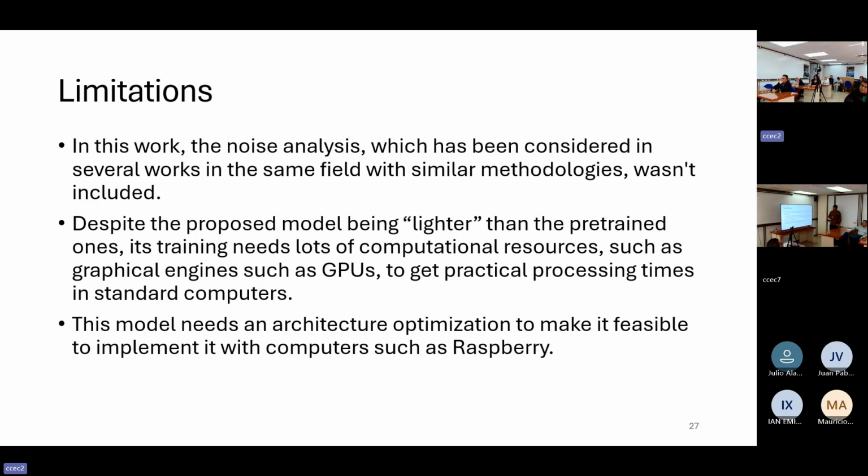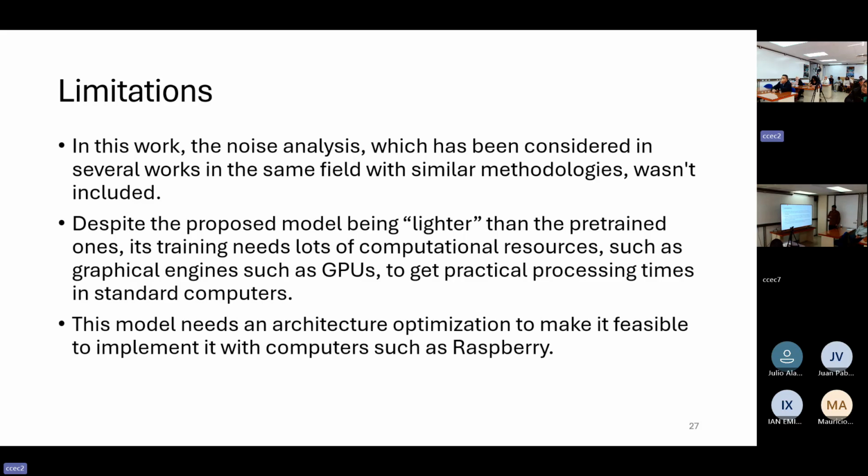And the second one, as you know, convolutional neural networks are deep learning models and need lots of computational resources to make trainings.